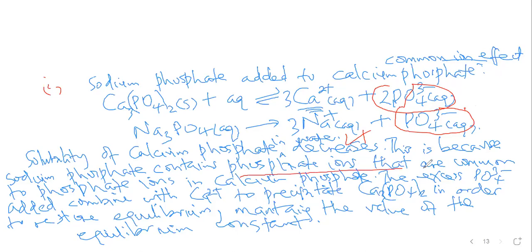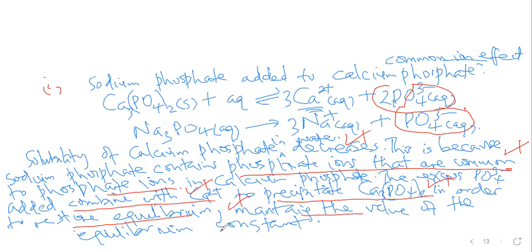Talking of phosphate ions that are common to phosphate ions in calcium phosphate, we shall give you a mark. The excess phosphate ions combine with calcium ions to precipitate calcium phosphate. Why does that happen? To restore equilibrium such that the value of the equilibrium constant is maintained. And that will give you 3 marks. Are we together?